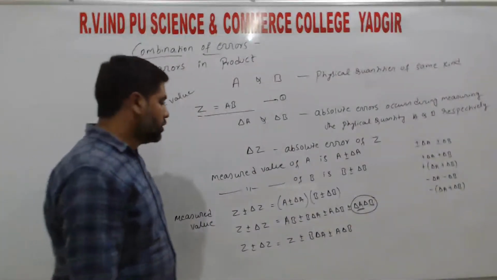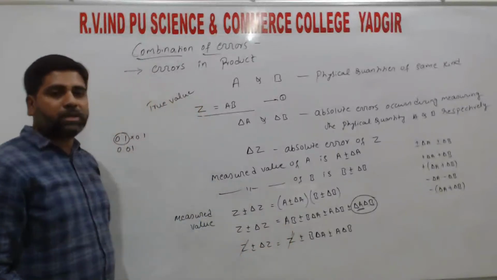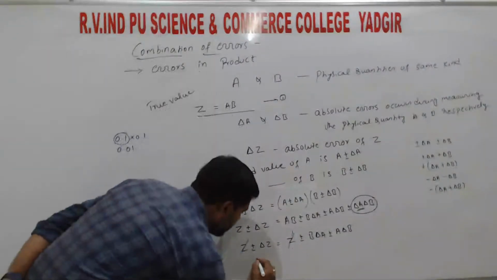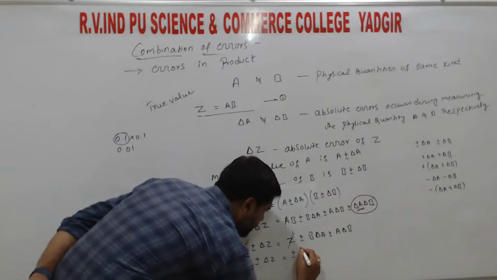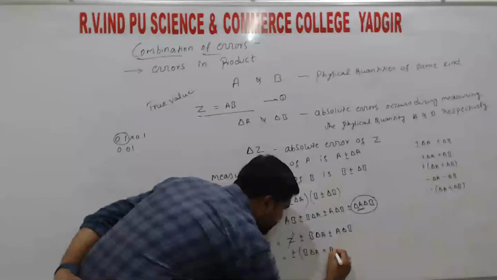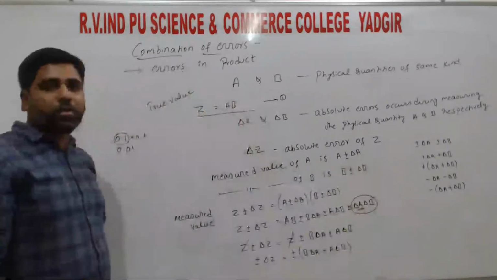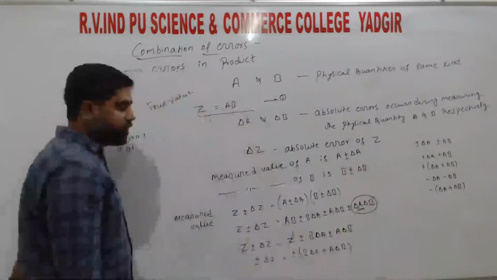Right? So plus Z, here also in the LHS plus Z get cancelled, right? So we can take plus or minus delta Z. So here also we can take plus or minus common. So B delta A plus A delta B. So here also the same rule applies. If we take plus or minus common, within the bracket we always get the plus value, right?